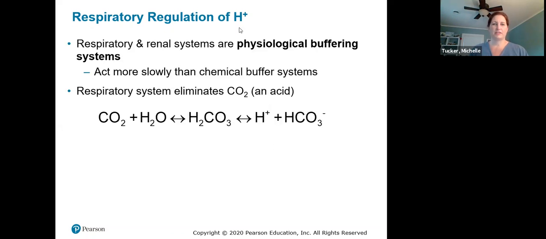For this equation, you need to be able to write out the equation as a chemical equation and in words.